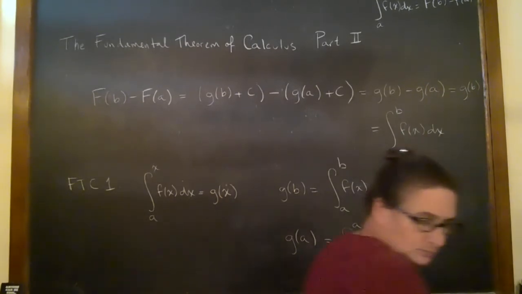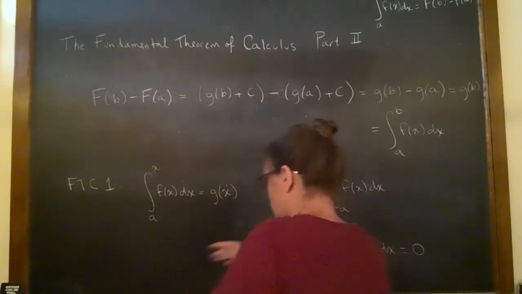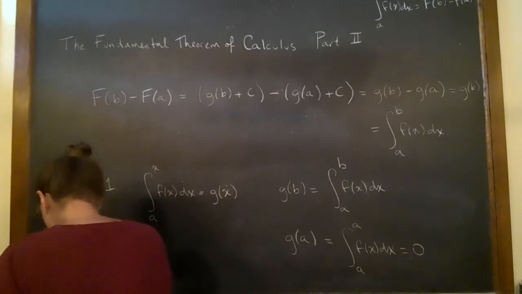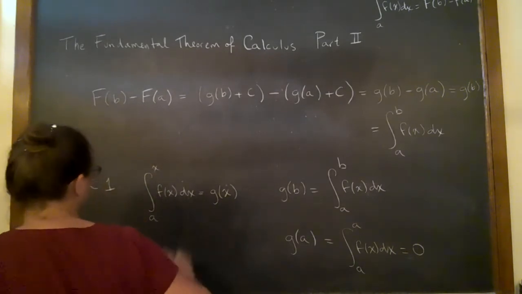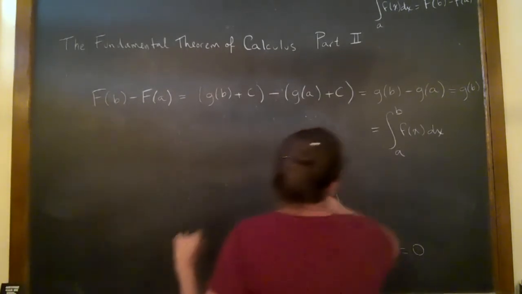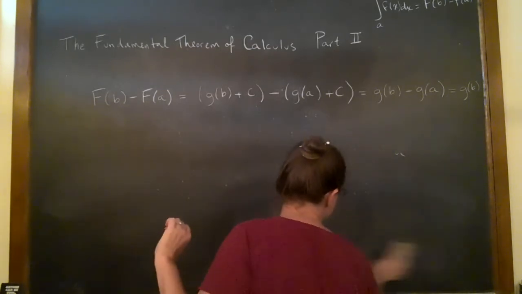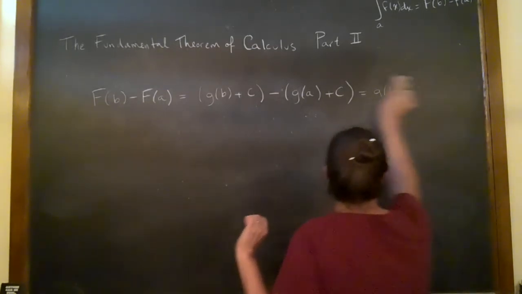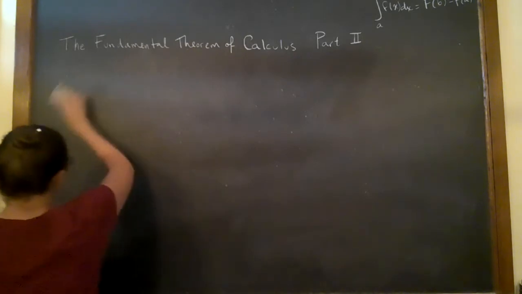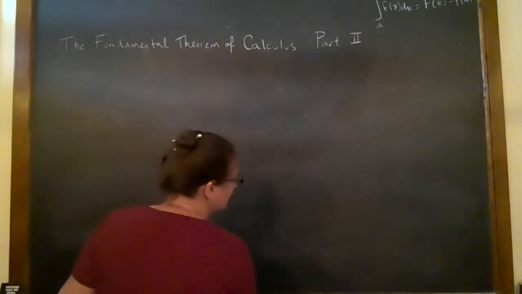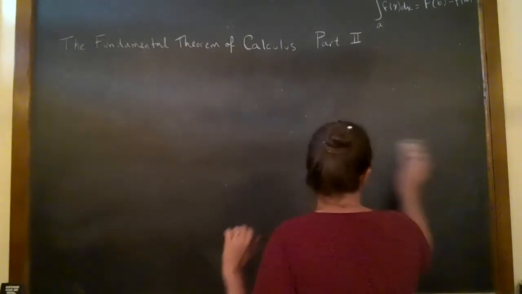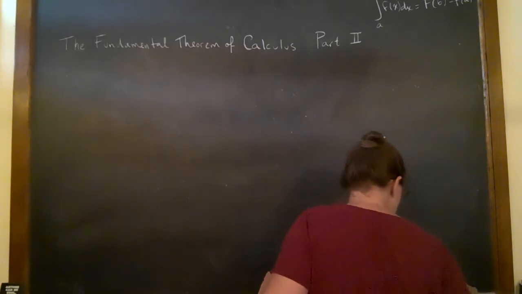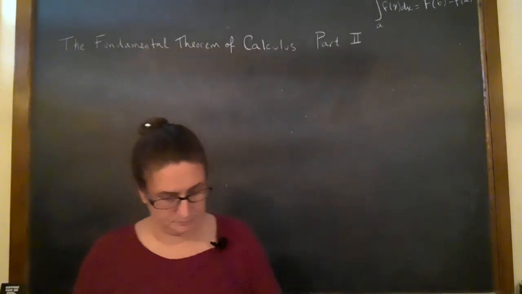So, now I have this whole nice board that I can do some examples on. And basically, as I said earlier, we're just going to look at some simple guys.